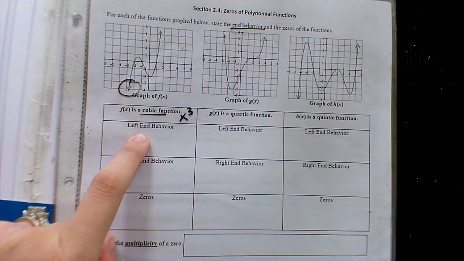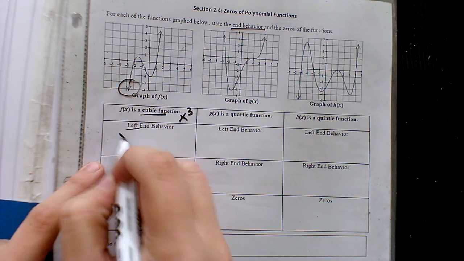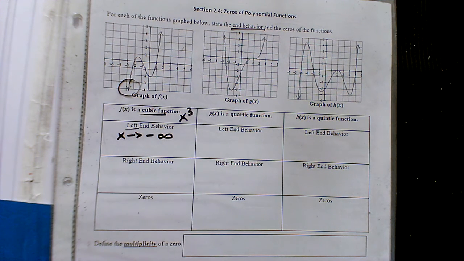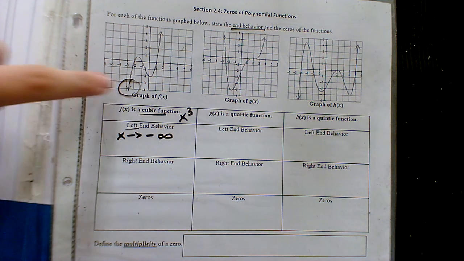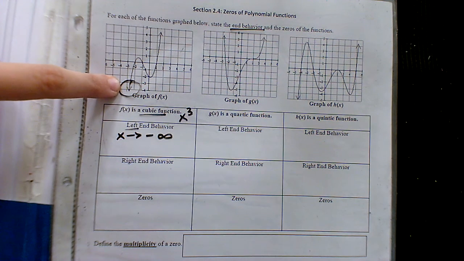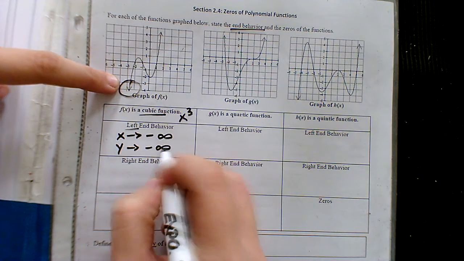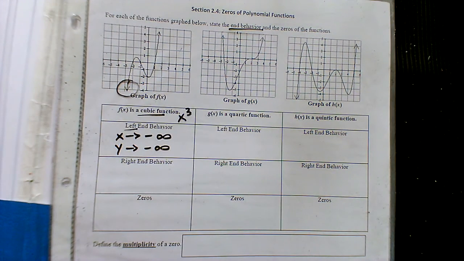Decreasing, getting closer towards negative infinity. So on the left-hand side, the x's get close to negative infinity. And based off this particular graph, if we see the left-hand side going down, we also know the y values are getting close to negative infinity.